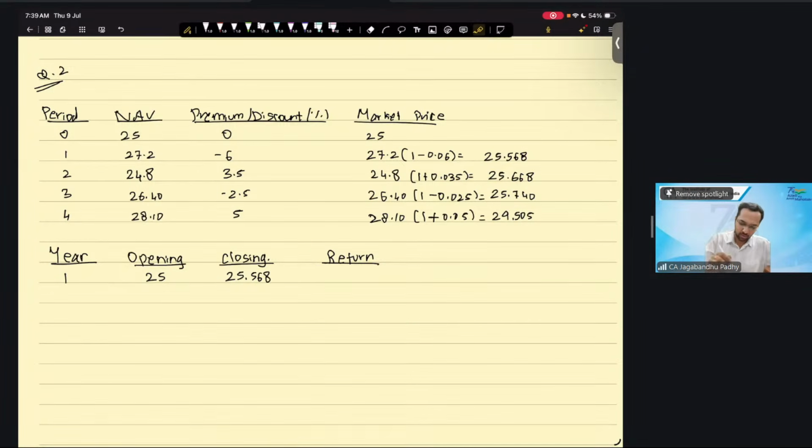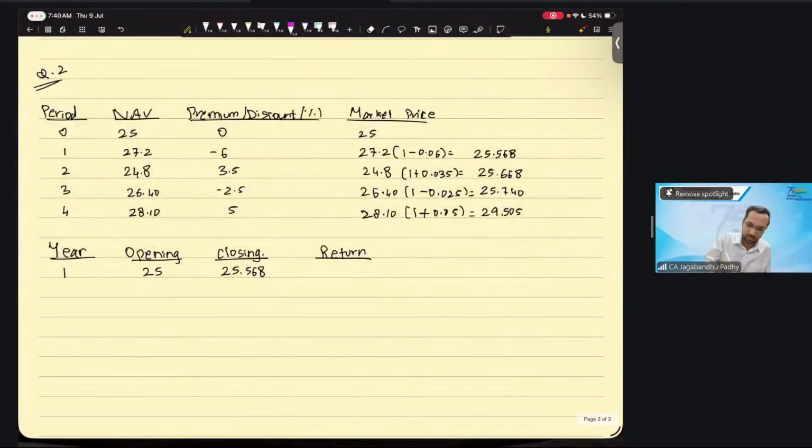So the return that you're earning, opening value 25, closing value 25.568. So what's the return that you're getting in the first year? 25.568 minus 25, divided by 25, into 100. That's 2.272%. 2.272%, right?